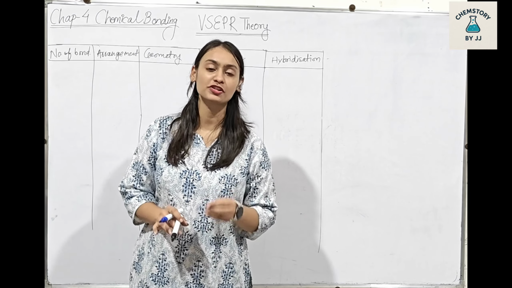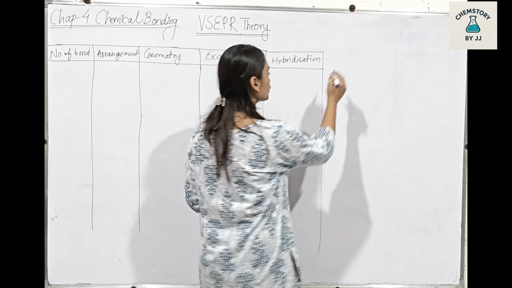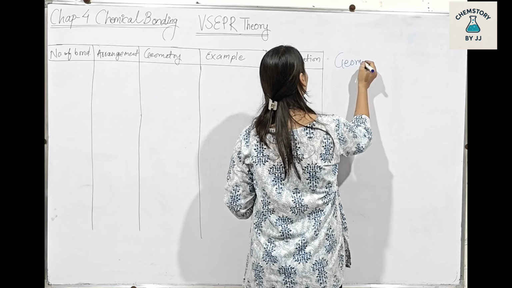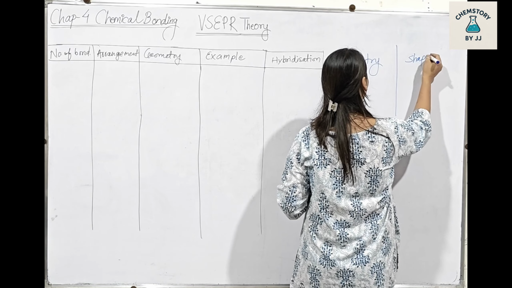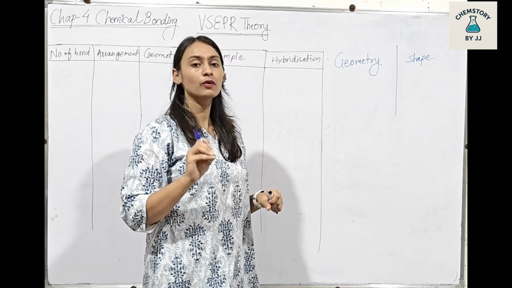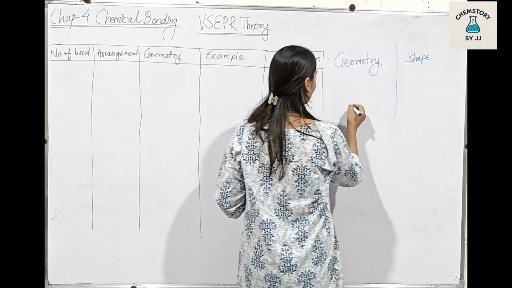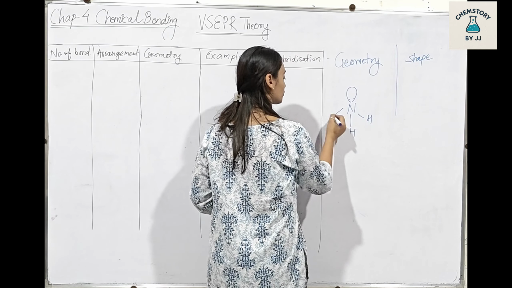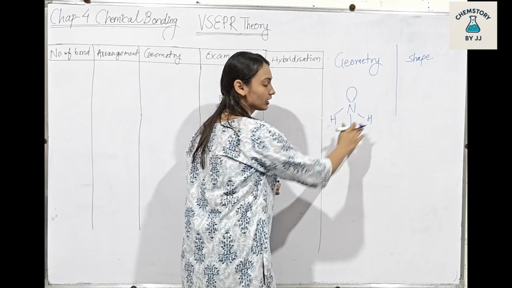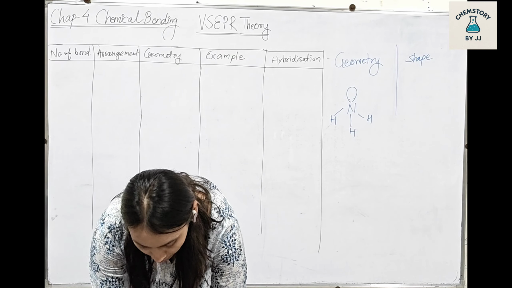Before we move forward, we should know a very basic concept, that is geometry and shape. For this, we are going to take a good example: ammonia, NH3. It has one lone pair and three bond pairs, right? Now I'm going to draw the shape of it.